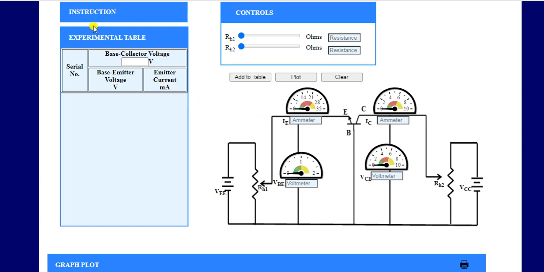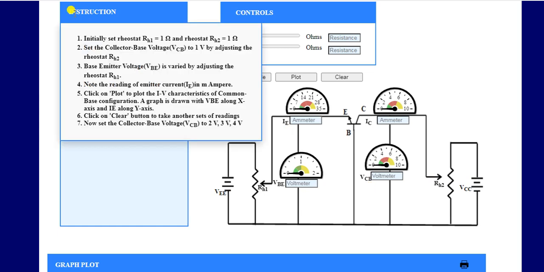On the left hand side there is a list of instructions which we have to follow for the simulation of the CB input characteristic. First we have to set the value of RH1 and RH2 to 1 ohm. Then we have to set the value of VCB to 1 volt with the help of RH2. So by varying the value of rheostat RH2 we can set the value of VCB to 2 volt, 3 volt, 4 volt.